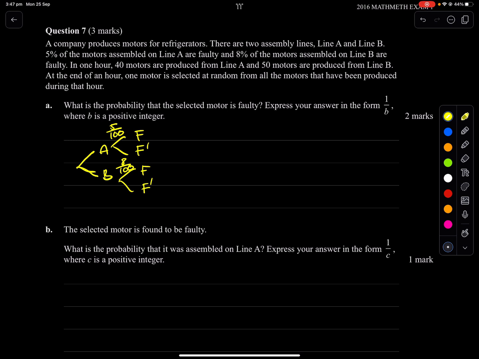We also know that 40 out of 90 are produced from line A, so it'll be 4 on 9, and that'll be 5 on 9. So if we want to calculate the probability that it's faulty, it's going to be 4 on 9 times 5 over 100 plus 5 on 9 times 8 over 100.